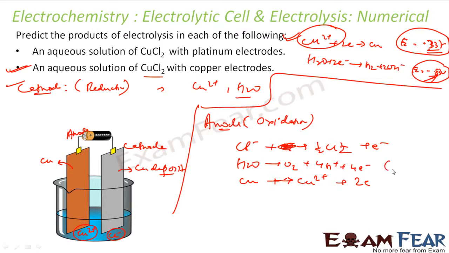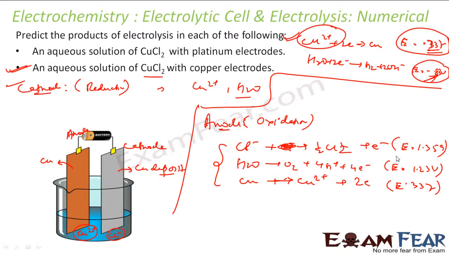If you write the value, this is nothing but plus 1.23 volt. I am writing the reduction potential for all. This is also plus 0.337 reduction potential, and this Cl minus becomes Cl2, that is 1.379. In all these cases, I am having oxidation, but I wrote the reduction potential.